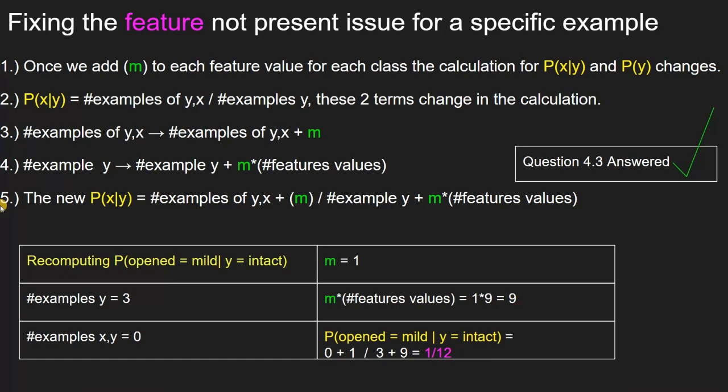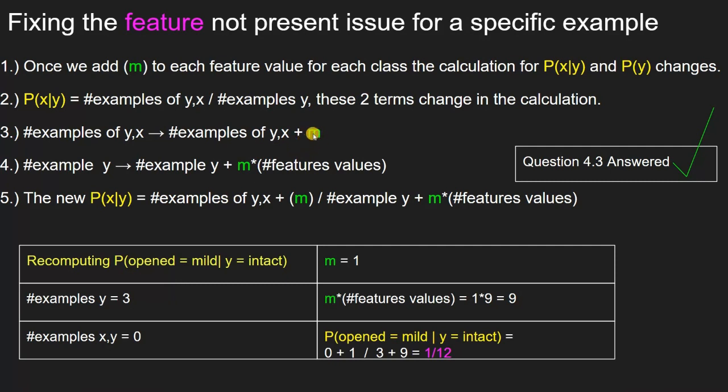So the probability of x given y was previously equal to the number of examples of y and x, where you have an example of y and x, divided by the number of examples where you had the class y, right? And these two terms change in the calculation after we add m to each feature value for each class. So what happens is that the number of examples of y and x changes to the number of examples of y and x plus m, right?